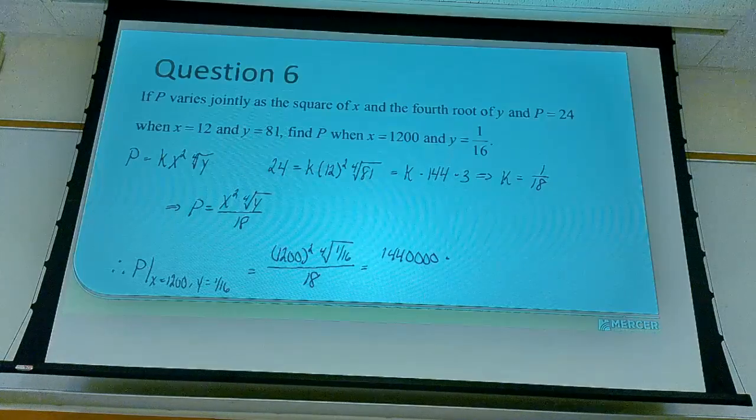Fourth root of 16. It's 2. So it's the fourth root of 16, half.